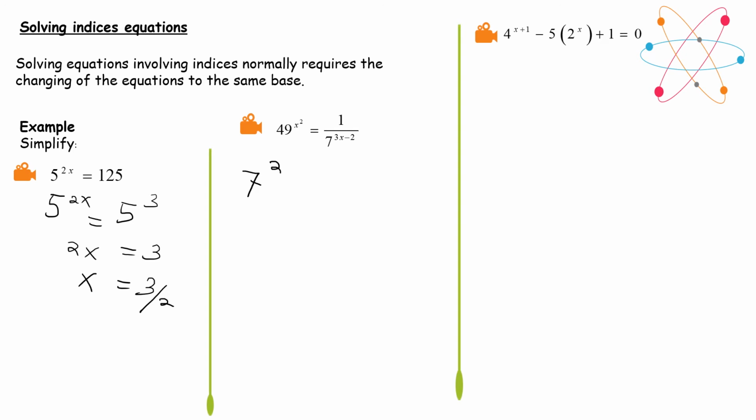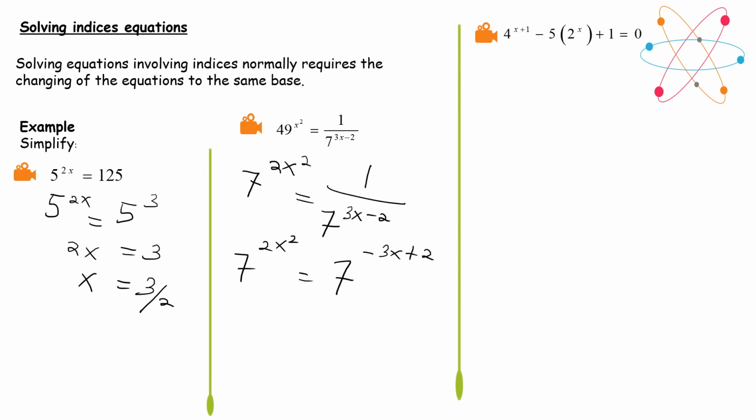So here we still have x power of 2. For the right hand side, 1 over 7 power of 3x minus 2, we change it to 7 power of negative 3x plus 2.